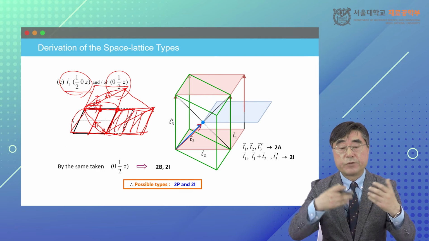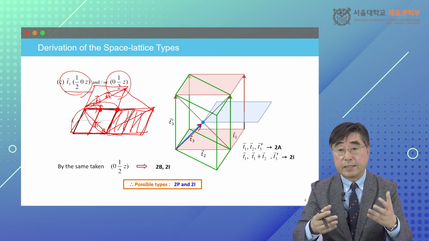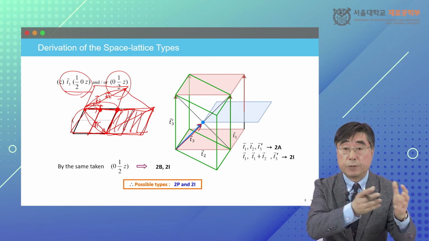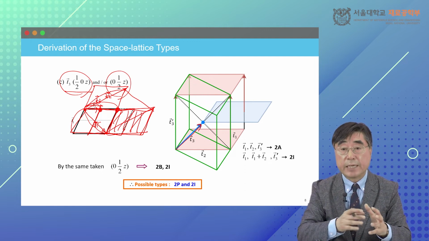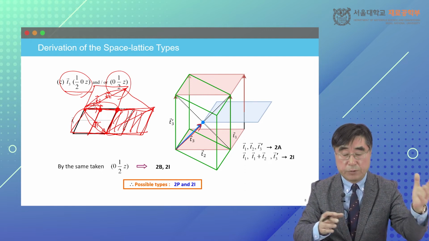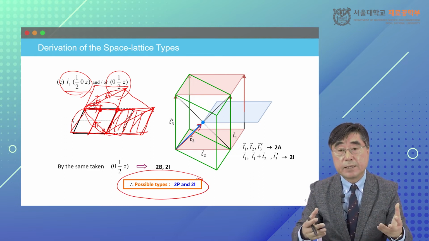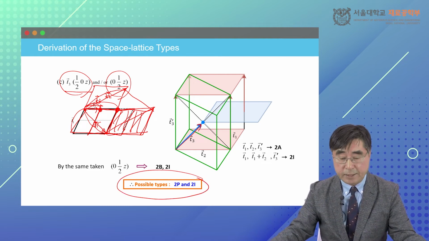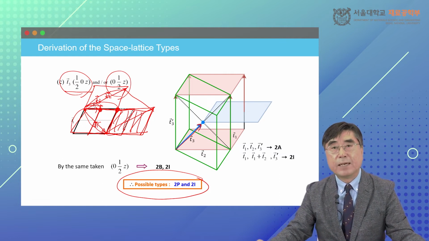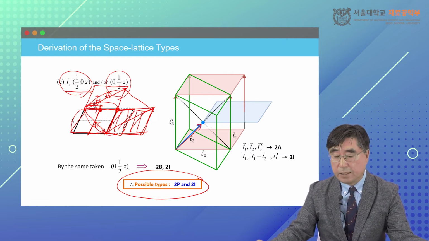So I don't have to define extra Bravais lattices, either 2B or 2A. That's all the same as 2I, which I defined already. So in the case of the monoclinic crystal system, there are only two Bravais lattices. One is the primitive Bravais lattice, and one is the body-centered Bravais lattice.